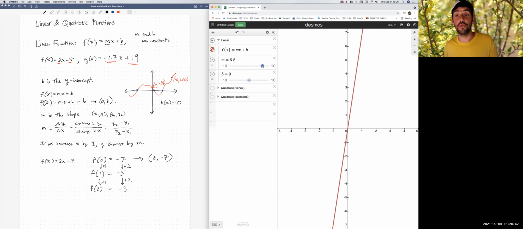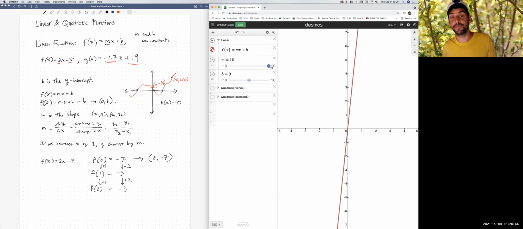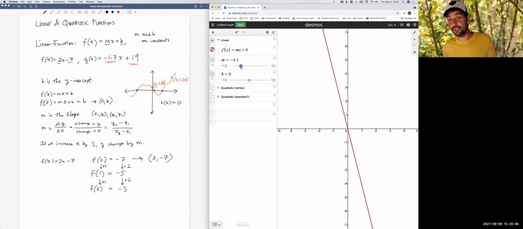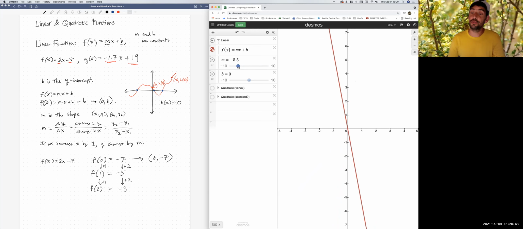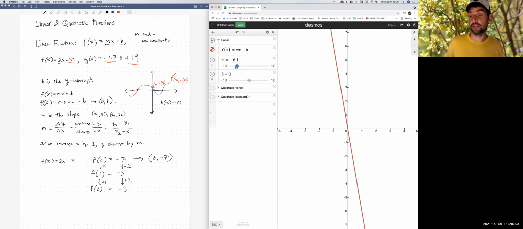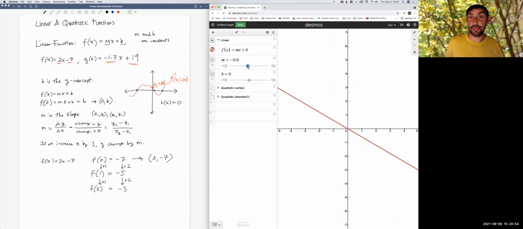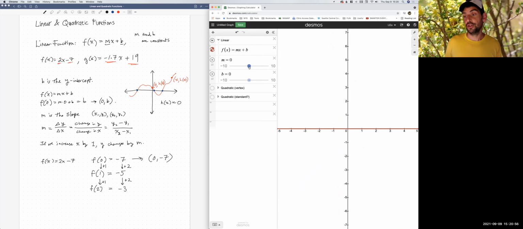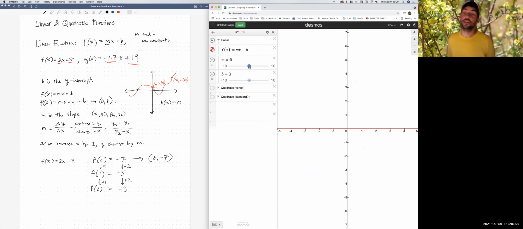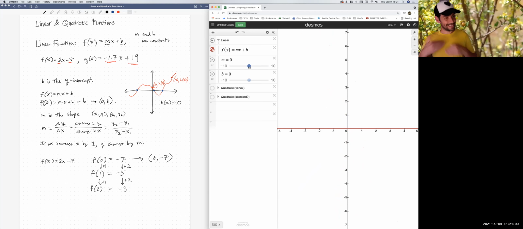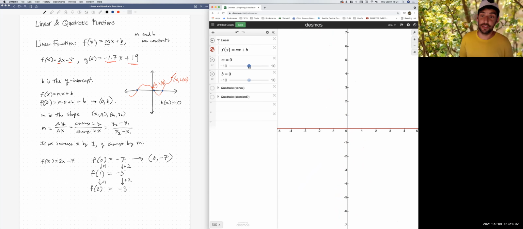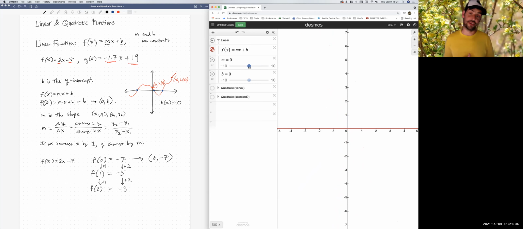So we go up a lot more for the same amount of change, right? If it's negative, of course, that means as we increase x, we decrease y. And so we get a negatively sloped line. And there, right in between the positive and the negative, we get a 0 slope, right? If I change x, nothing changes about y. In other words, x doesn't have any effect on y, right? So there's our slopes.